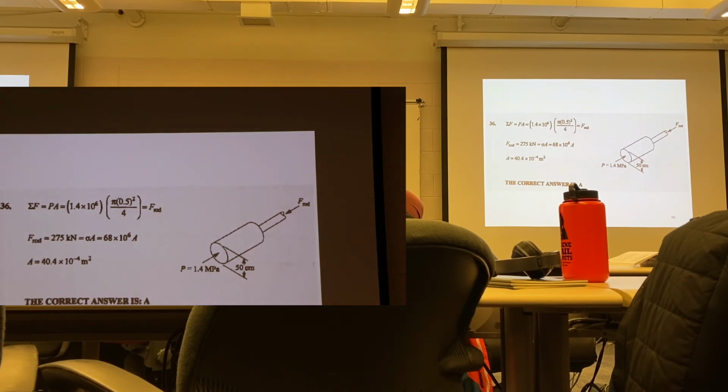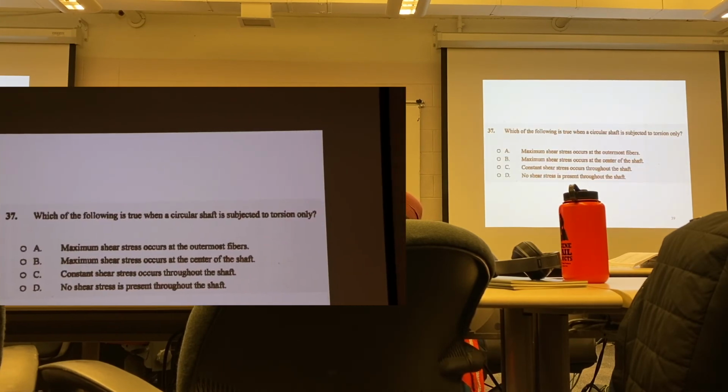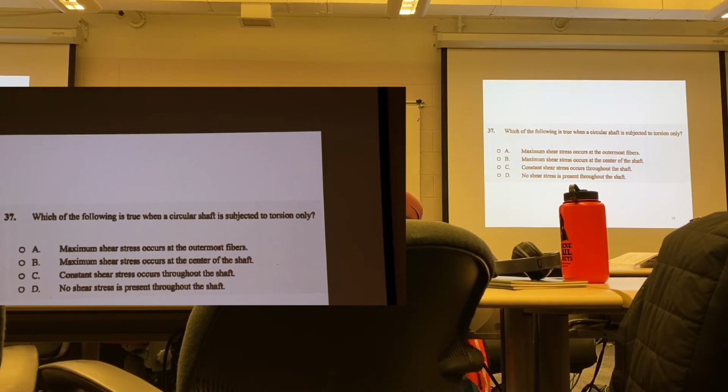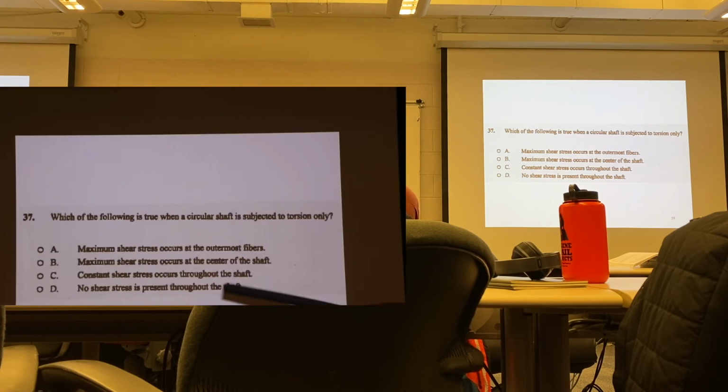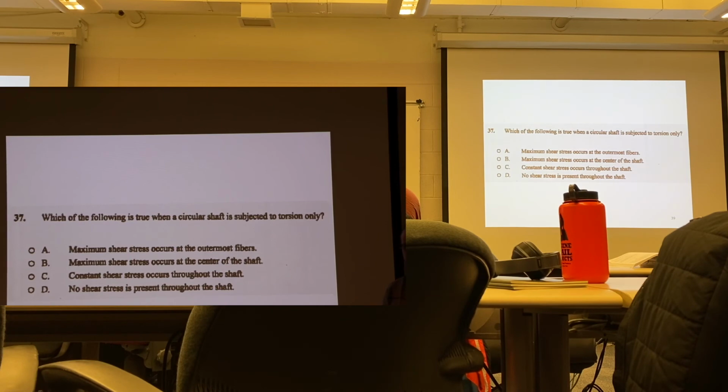Sometimes FE exams have conceptual questions, and conceptual questions happen to be on torsion. Which of the following is true when a circular shaft is subjected to torsion only? I have a shaft only under torsion. Will this ever mean that there is no shear stress present?